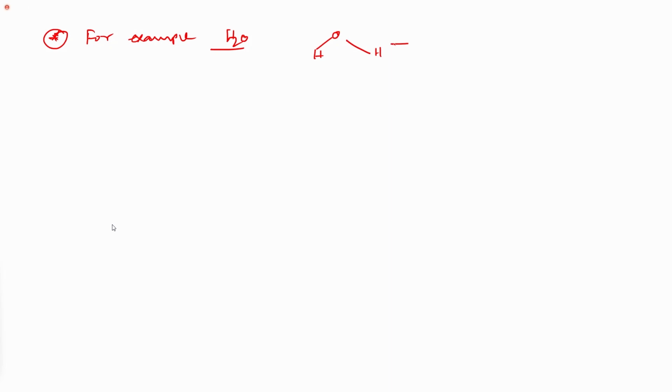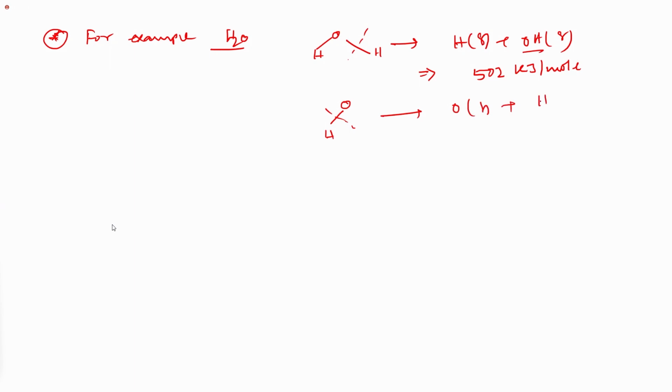If you first break this bond, to break it we need 502 kilojoules per mole. Now again, another bond is that one. To break this bond, the required energy is 427 kilojoules per mole.